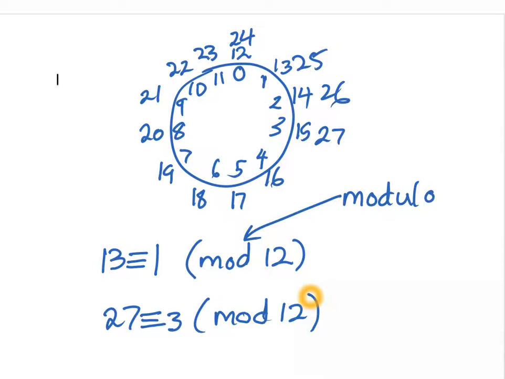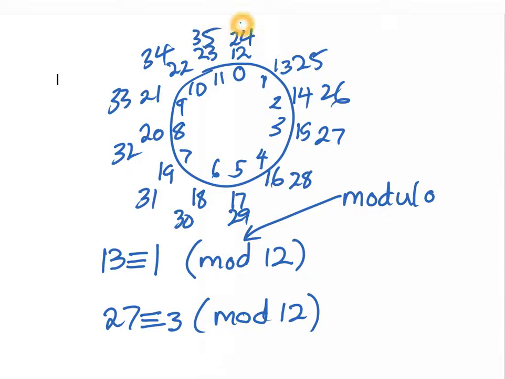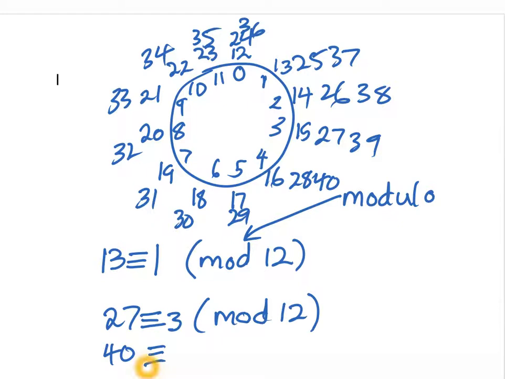Now you could keep counting around the clock until you get to 40: 28, 29, 30, 31, 32, 33, 34, 35, 36, 37, 38, 39, 40. Okay, so it's pretty clear 40 is congruent to 4 mod 12.